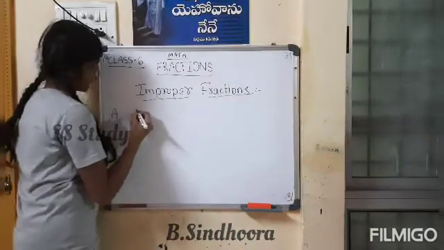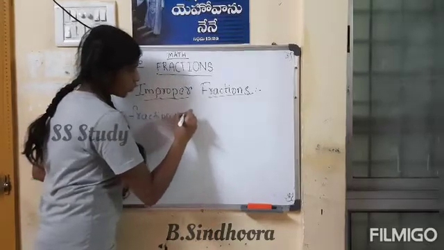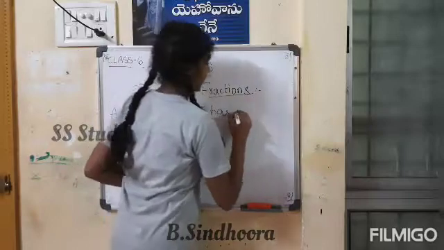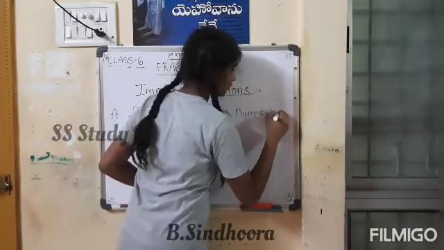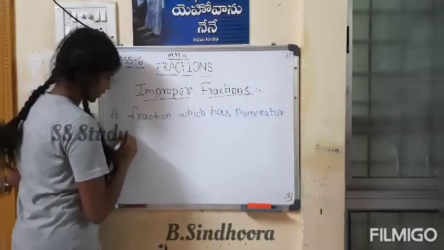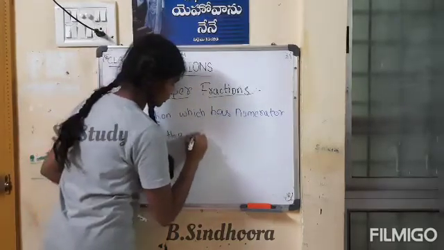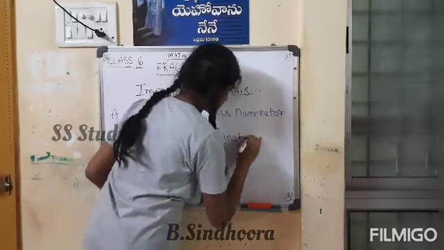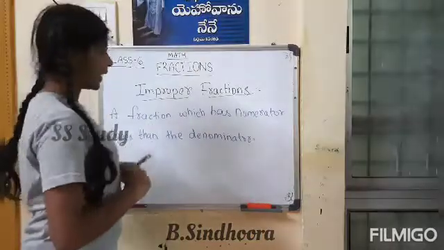Same as proper fractions but different. An improper fraction is a fraction which has a numerator bigger than the denominator.